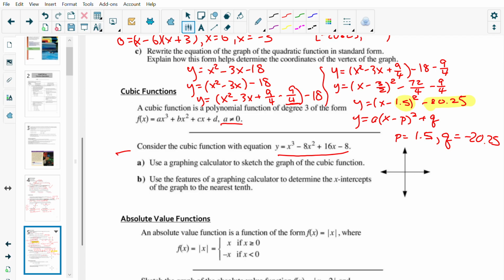Okay, so first off, here's a basic sketch of it. Oops, it doesn't quite go through the 0 here. Okay, something like that. 0.8, 2, and 5.2.